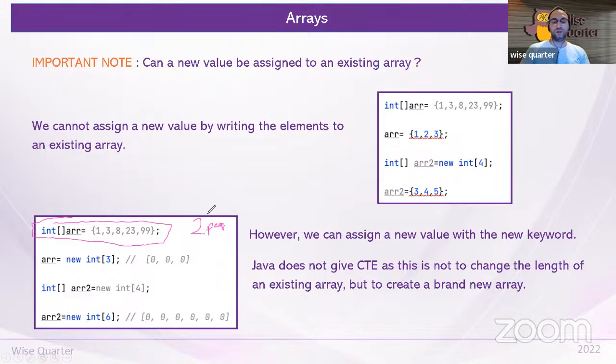You cannot change the seat number in a car. Instead, when you buy a new, brand new car, which can carry 4 people, it is okay, right? We are not changing the old car. We are buying a new car. It is just like that. You can always buy a new car, but you cannot change the old car.